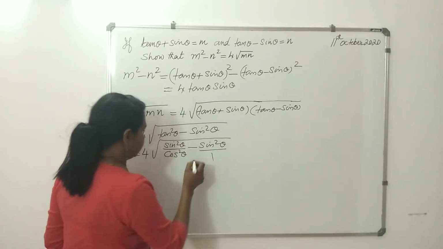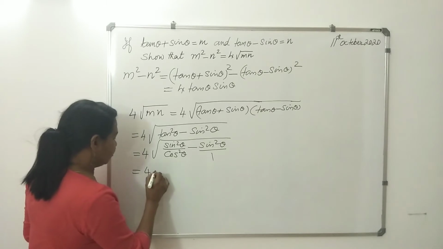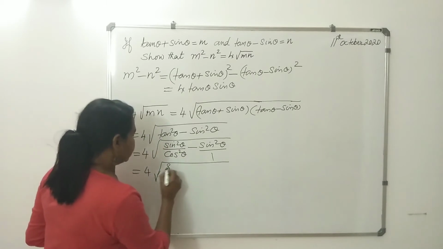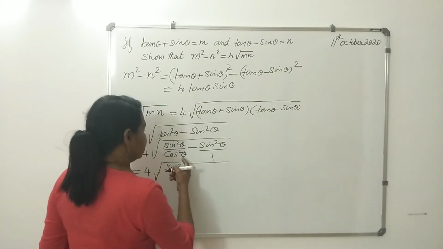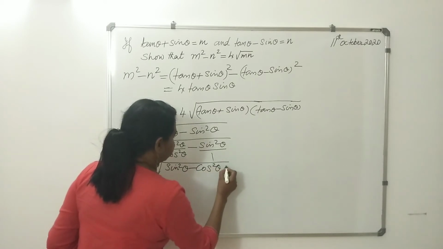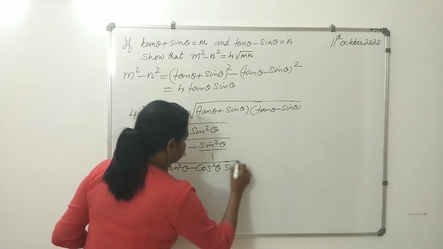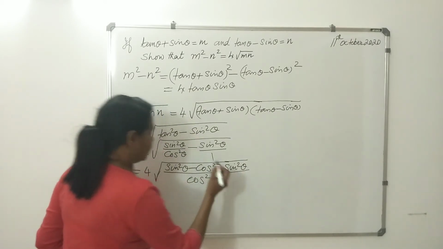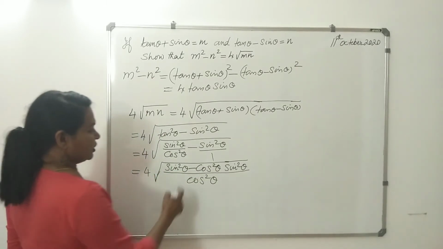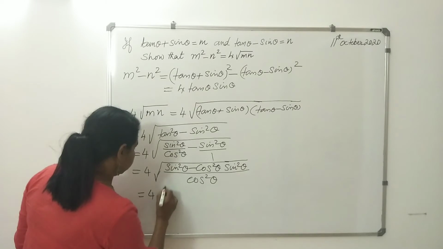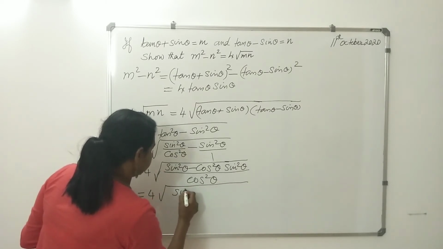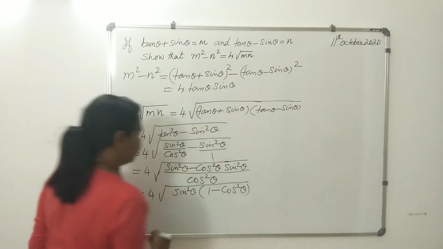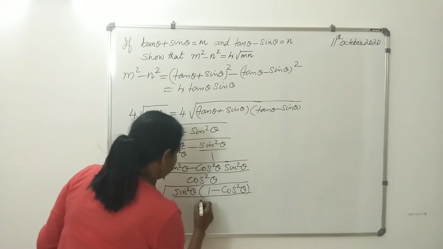Now cross multiplying, taking LCM, that is equal to 4 into root of sin square theta minus cos square theta sin square theta, divided by 1 into cos square theta is cos square theta. Okay. Now taking sin square theta common, we get 4 into root of sin square theta common, we get 1 minus cos square theta divided by cos square theta.